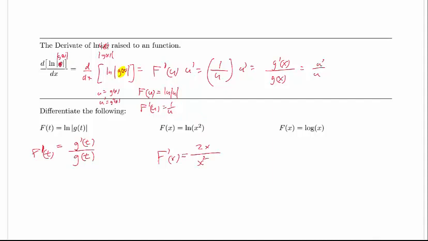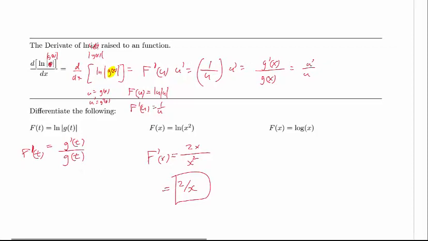The derivative of the top over the bottom, and this simply becomes 2 divided by x. All right, awesome. So this one, I think this one should be just the log of x squared there, so make sure you put that in there.